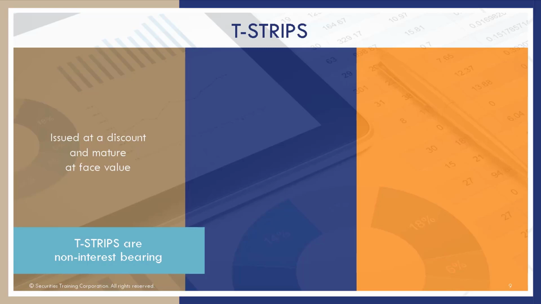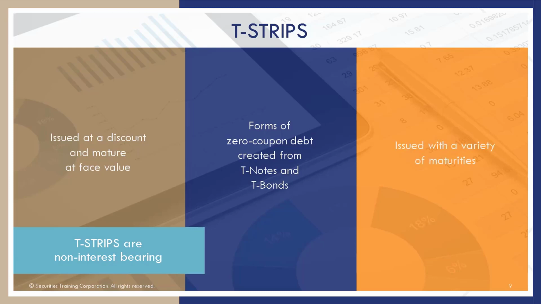So each one is sold at a discount, matures at face value, and the difference is considered your interest. So these are forms of zero coupon debt created from the Treasury notes and Treasury bonds. And notice, out of one 10-year Treasury note, we can create many different zero coupon instruments because we're treating each payment as its own security.